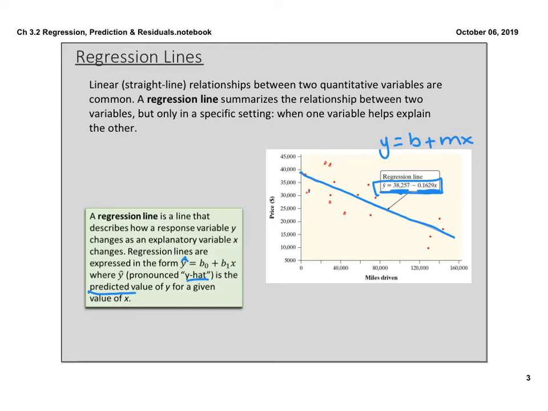It gets tricky and confusing, and this is something that people forget quite a bit. But what I want you to remember is, you just put this in your head right now. Predictions wear hats. Okay, so this y hat is a predicted value for the data set that you're looking at.